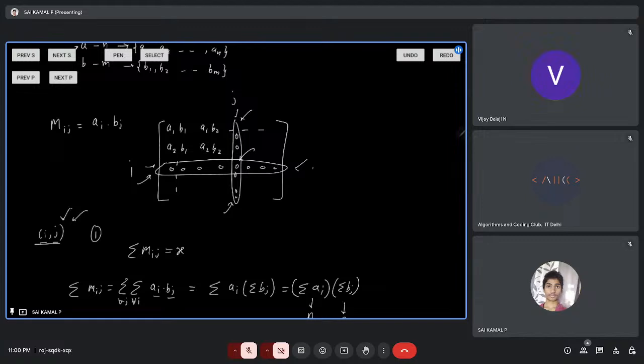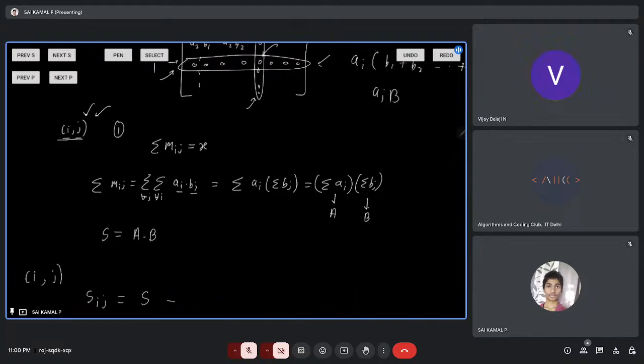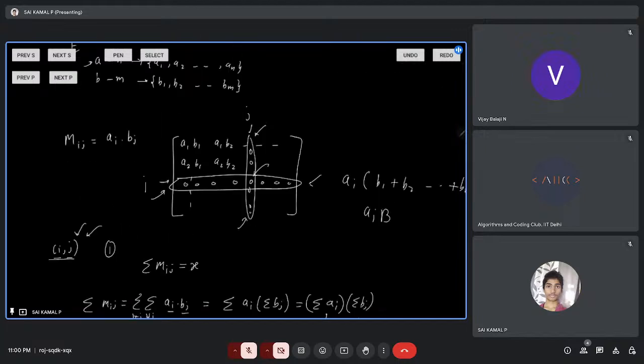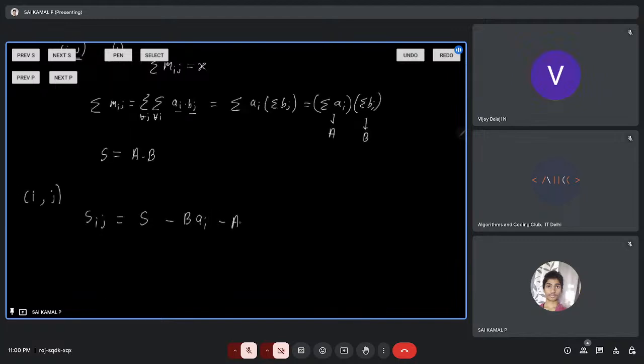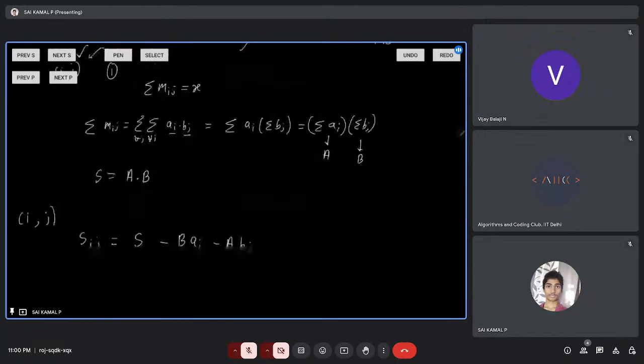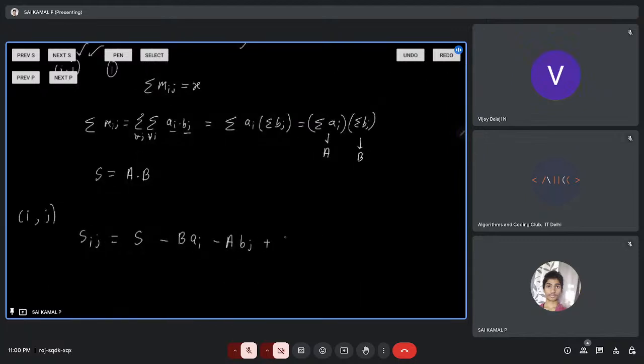If you remove all elements of the ith row, its value would be a_i times b_1 plus b_2 and so on up to b_m. That is just a_i times capital B. So this would be minus B times a_i, and then you also remove the jth column, so it would be minus A times b_j, and because you have deleted the intersection twice, you add it back, so it would be plus a_i b_j.